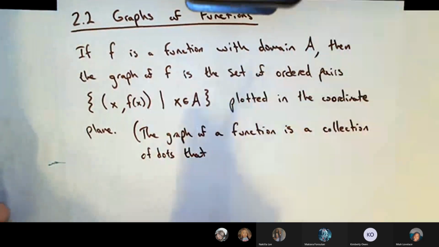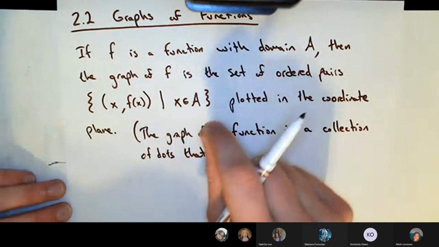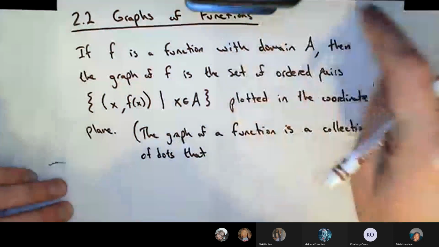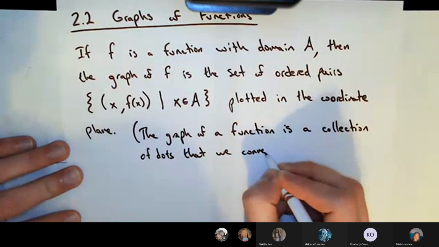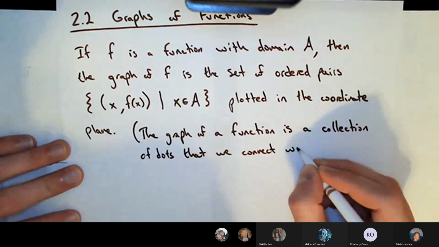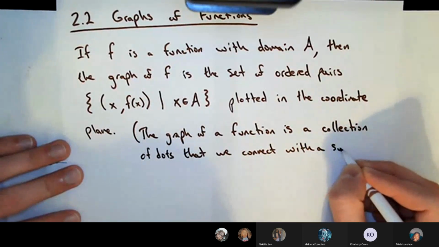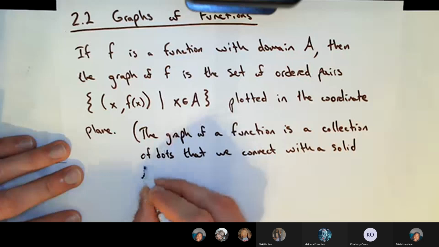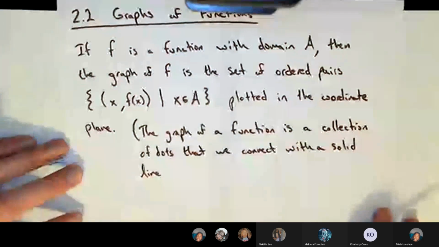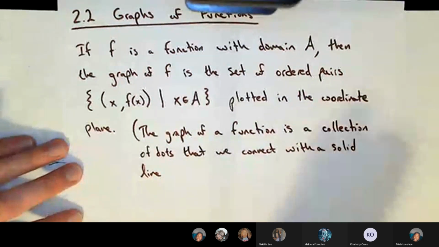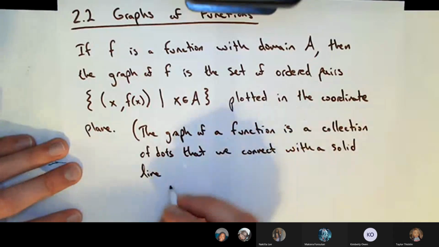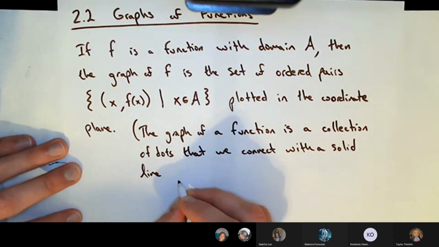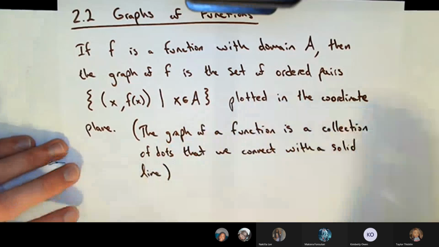So how do you show infinitely many dots on a picture? Well, we connect them with a solid line. A collection of dots that we connect with a solid line. You know what? I'll just leave it at that.